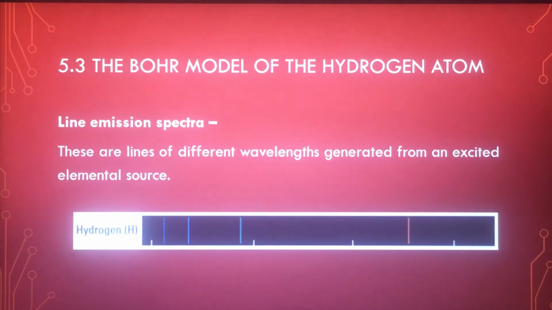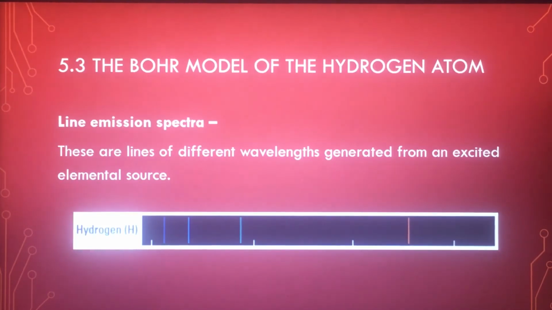This means that the hydrogen gas only absorbs and emits these particular wavelengths, and this corresponds to particular energy from Max Planck. So we have this wavelength or this frequency, and then if we need to convert that into the energy it absorbed, we just have the formula E = hν.